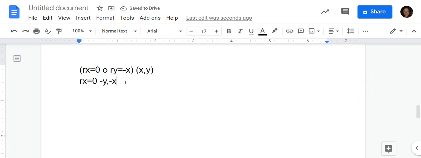So if we do x equals y next, we know that we are going to get y, negative x as our answer. Okay. If we look up y, negative x, we are going to get 270. Reflection of a rotation of 270. That's the same thing. Okay?